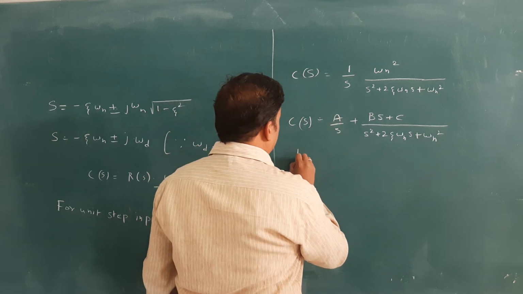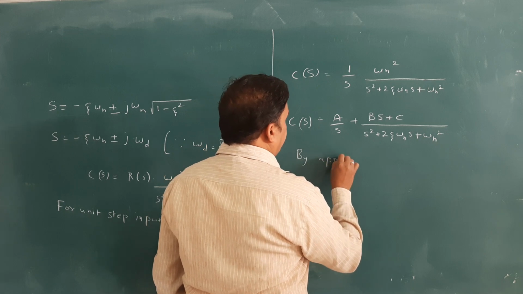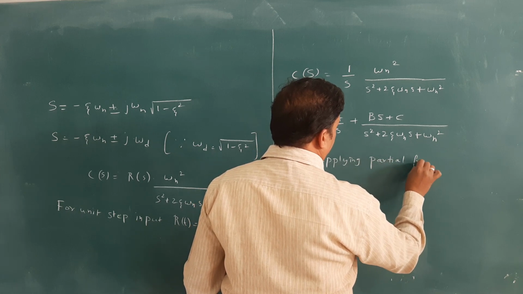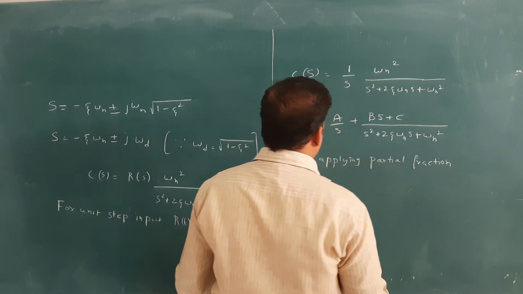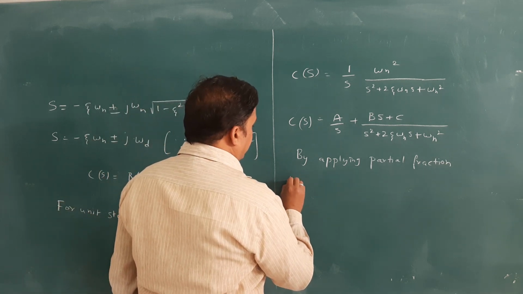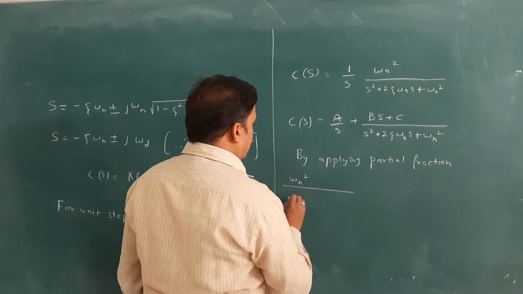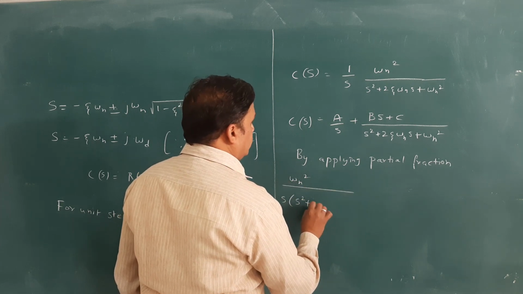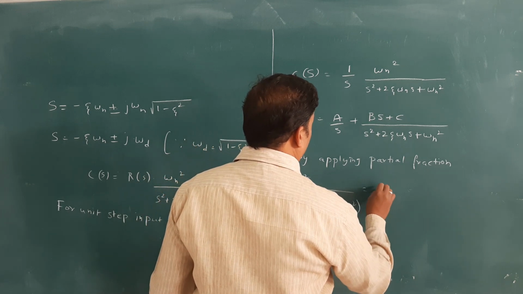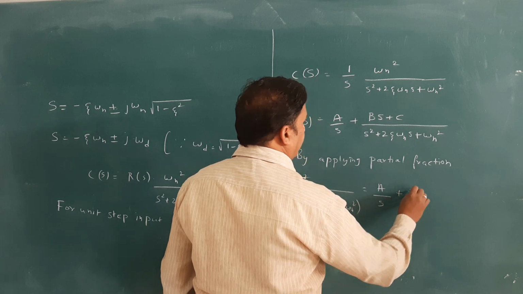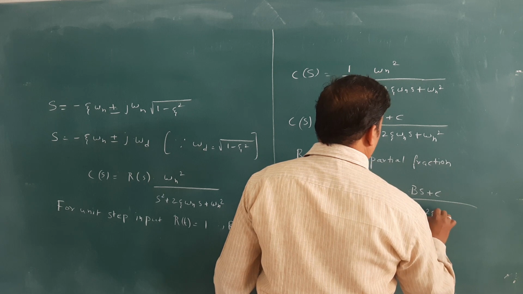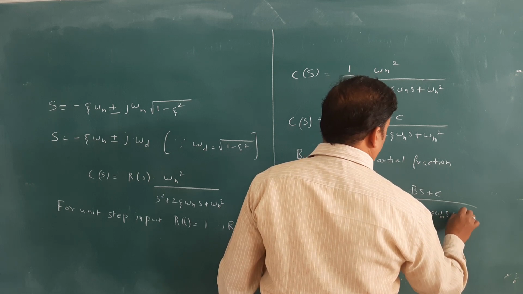By applying partial fractions, how do we get the values? First of all, take omega n square by s into s square plus 2 zeta omega n s plus omega n square, equal to A by s plus Bs plus C divided by s square plus 2 zeta omega n s plus omega n square.